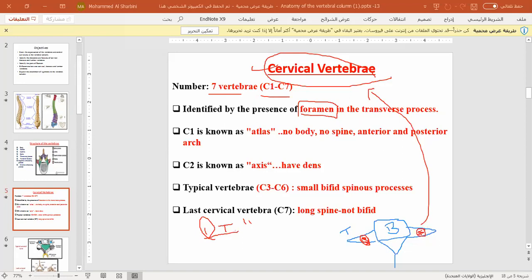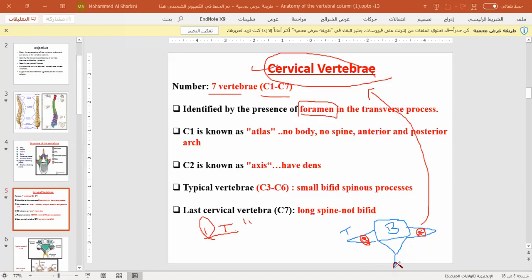Now I want to differentiate the cervical vertebrae from each other. We have 7 cervical vertebrae. How? Simply look at the spine.